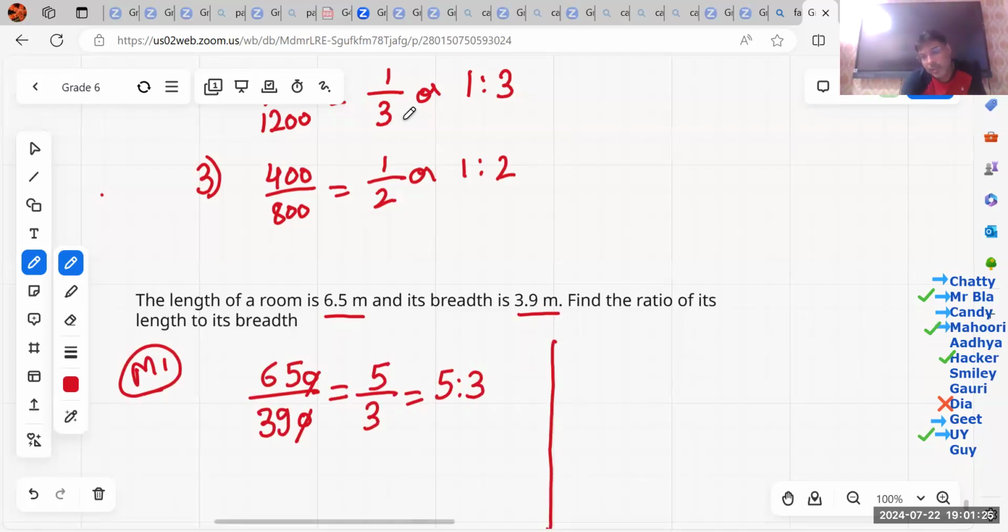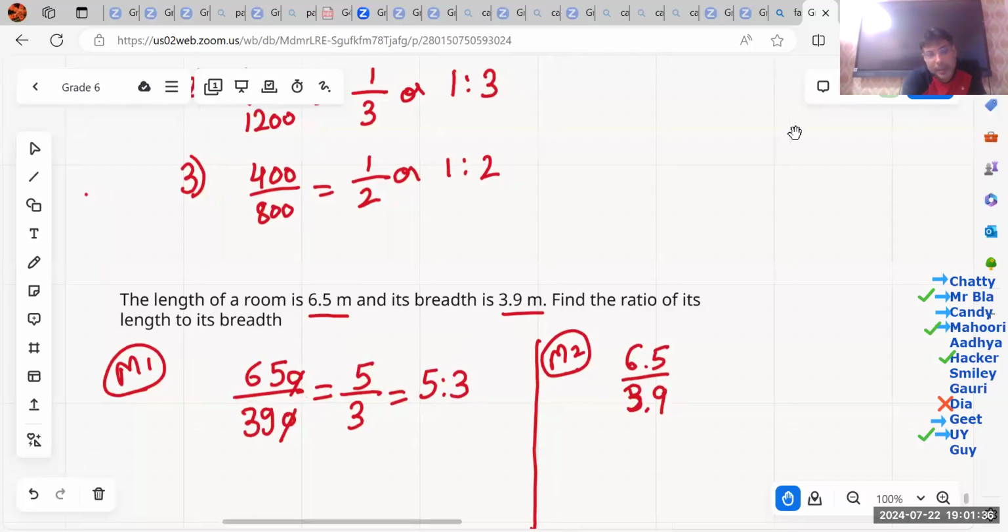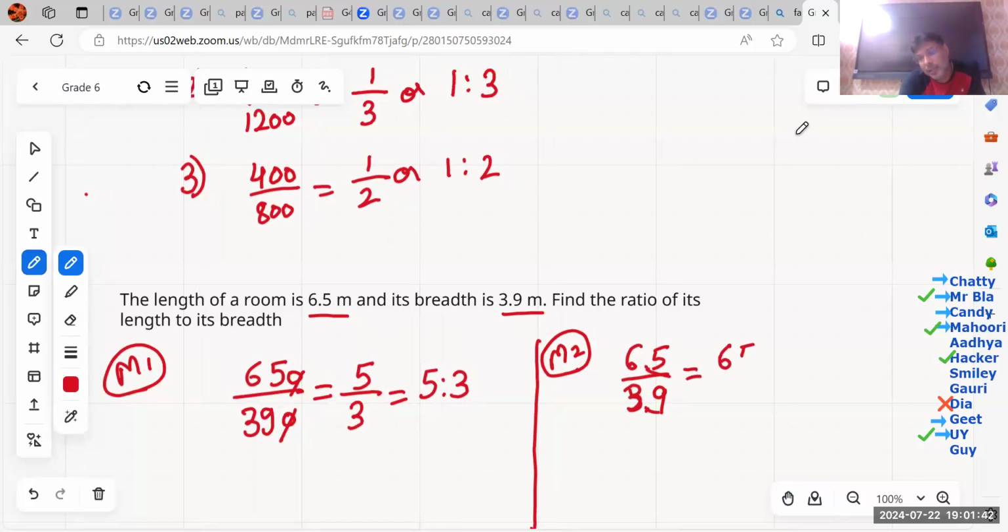Method 2 is 6.5 upon 3.9. I will multiply the numerator and denominator by 10, which means getting rid of the decimals. I will get 65 upon 39. I can directly cancel the decimals because there is one digit after the decimal in both.